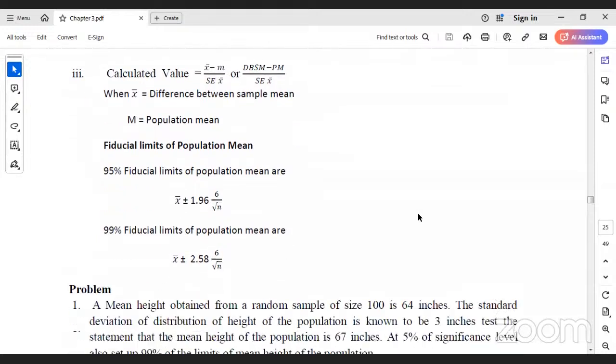Then 99%: 100 minus 99 gives 1%, and 1% means the calculated value is 2.58. 5% means 1.96. So 99% fiducial limits of population mean are X bar plus or minus 2.58 standard deviation divided by under root n. So you need to remember the first formula and this formula.